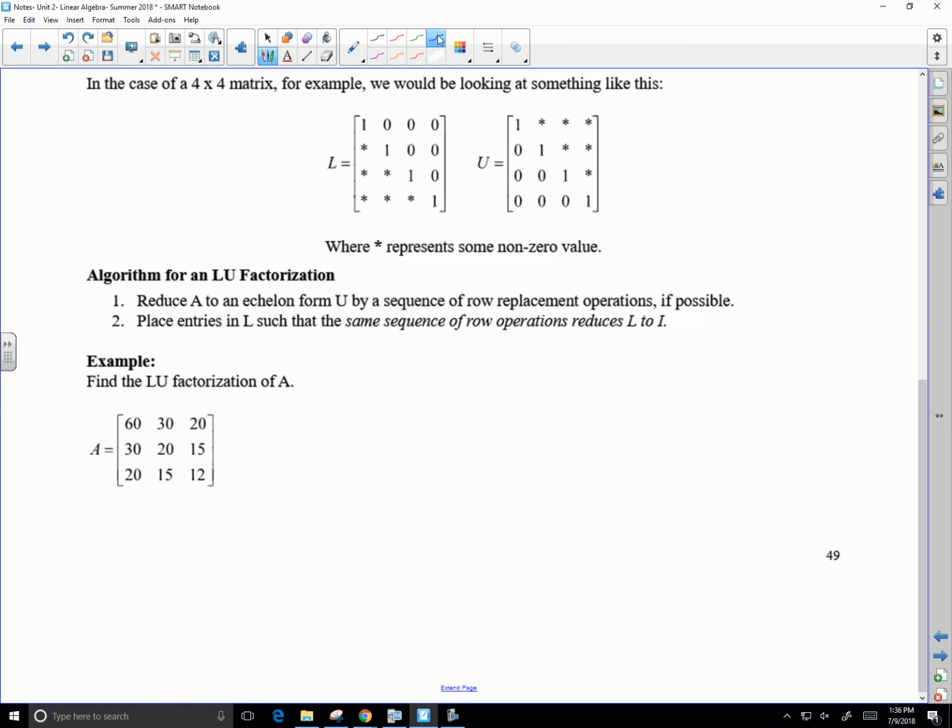by a sequence of row replacement operations if possible. One thing that's important is that for this algorithm to work, there's no row swapping. We'll talk about why down the line, but that's a condition of it.